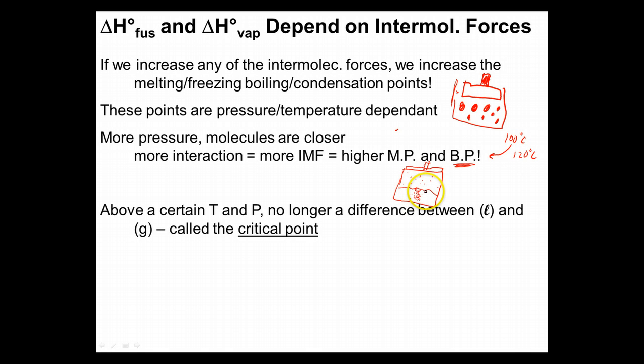There's not going to be this surface existing. It's simultaneously a liquid and a gas. And in fact, it becomes something different. When we get above this critical point, it becomes something called a supercritical fluid. And a supercritical fluid is a different state of matter.